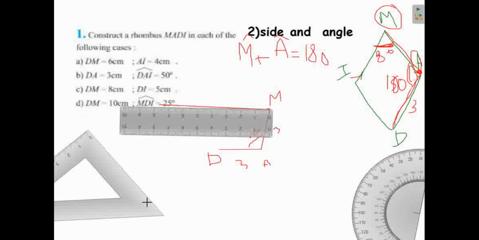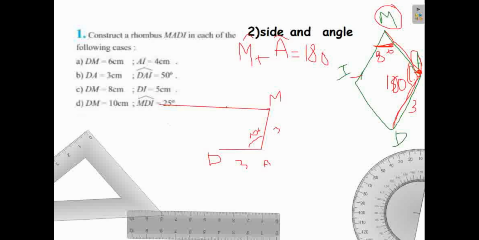Use the pen, mark 3, remove the ruler, and now I know where the point is. I just have to connect I with D. So finally connect the point I with the point D, and here is my rhombus MADI.